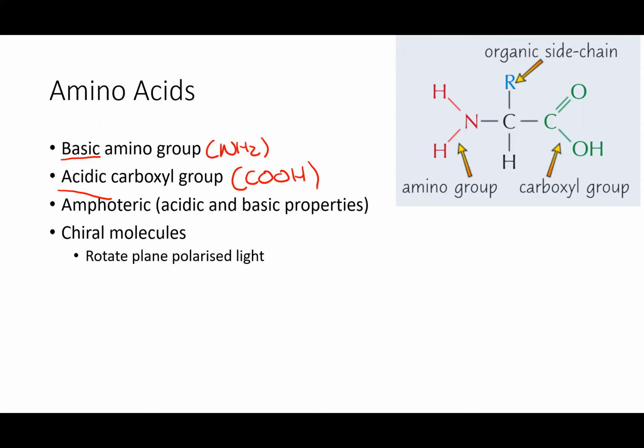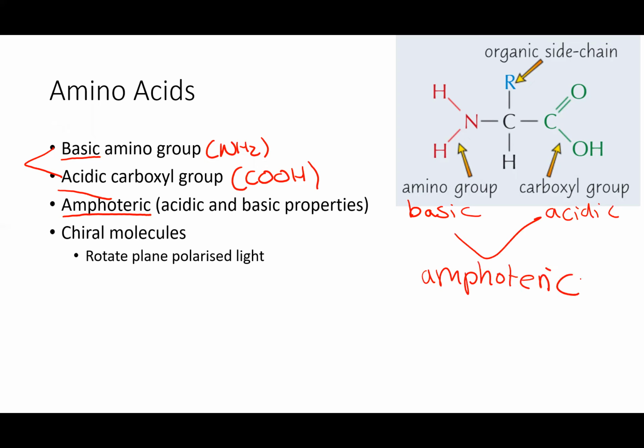Because they've got both basic and acidic properties, that makes them amphoteric. So we've got this amino group here, which is basic, and that carboxyl group, which is acidic. And together that makes them amphoteric.